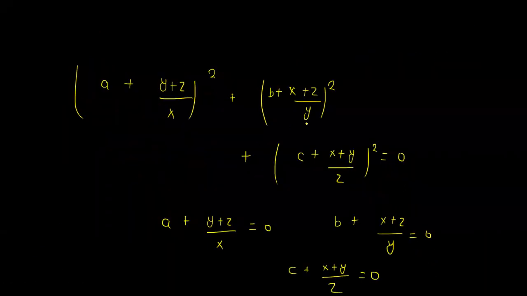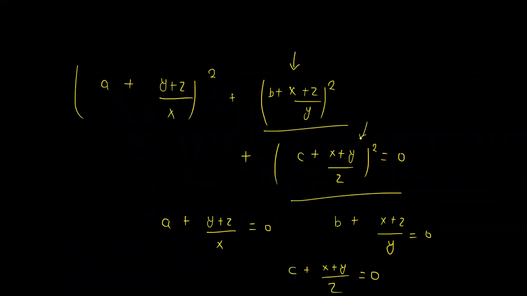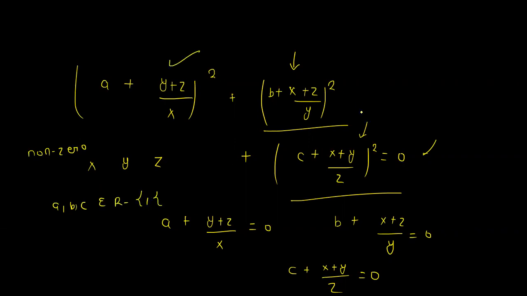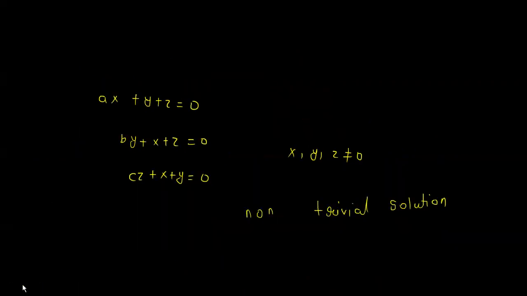So in this way you can form another square, it will become this, and you can form another square, it will become this, and the summation of these three squares is 0, and x, y, z are non-zero real numbers, and a, b, c are also real numbers except -1. So if the sum of squares has to be 0 in the case of real numbers, then this thing will have to be 0, this thing will have to be 0, and this thing will have to be 0.